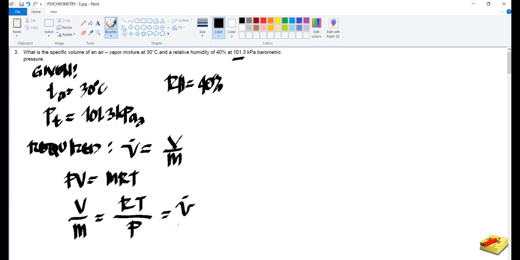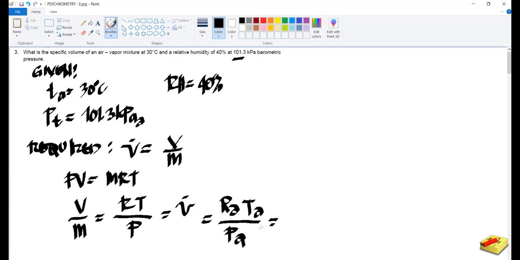So what we have here is the R of the air, the temperature of the dry air, divided by the partial pressure of the dry air.